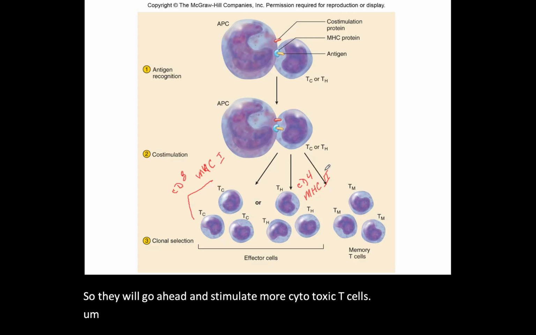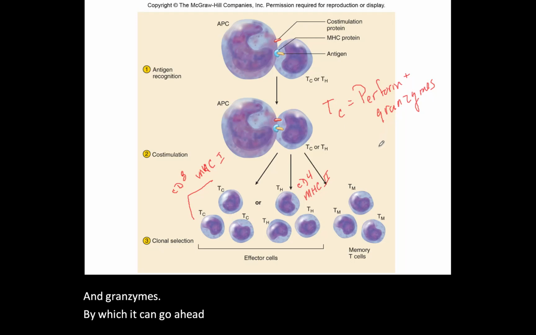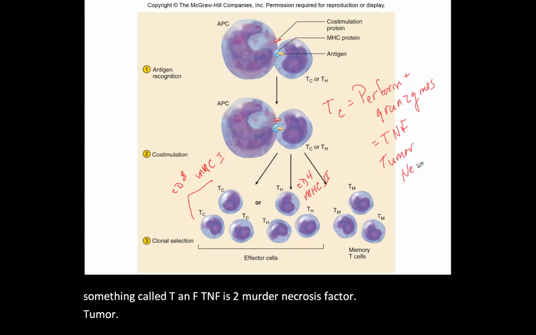Not only do your cytotoxic T cells have perforin and granzymes by which they can force apoptosis, but they can also secrete something called TNF. TNF is tumor necrosis factor.